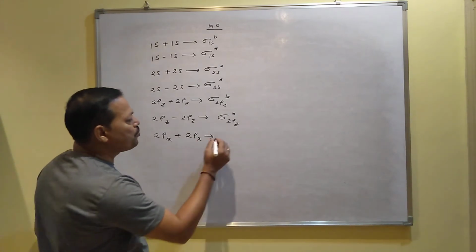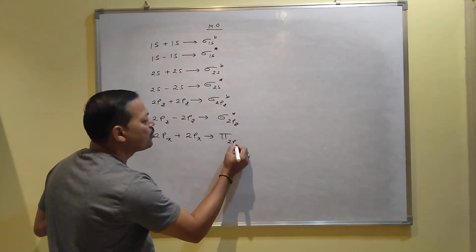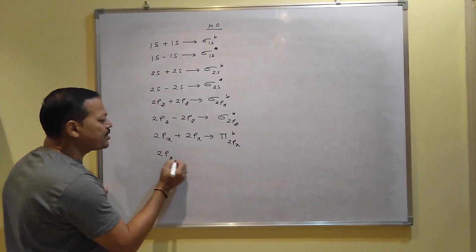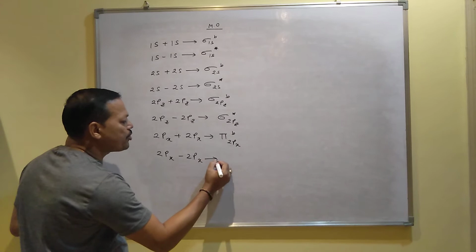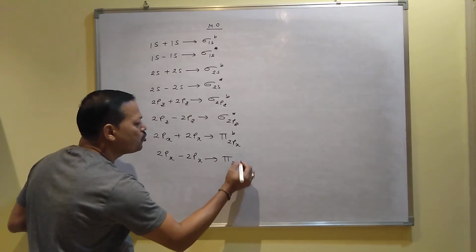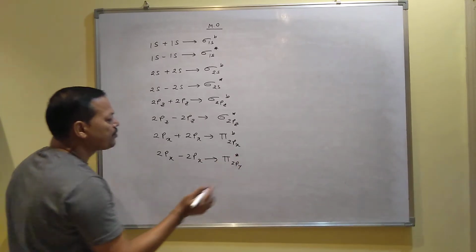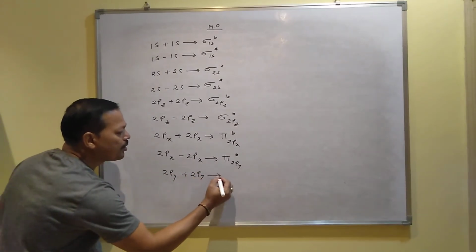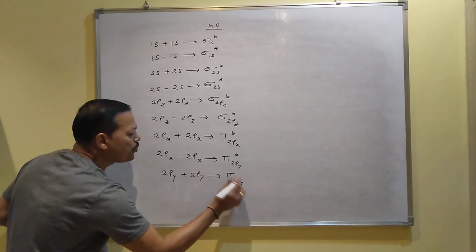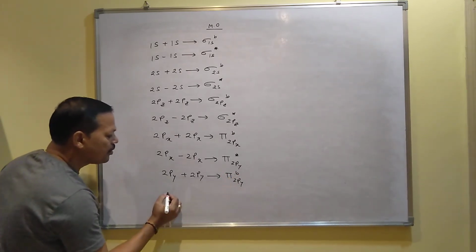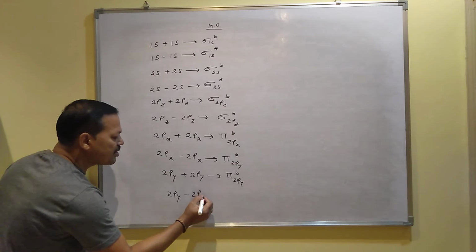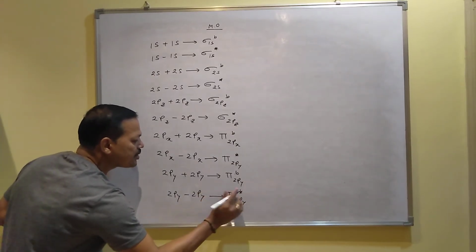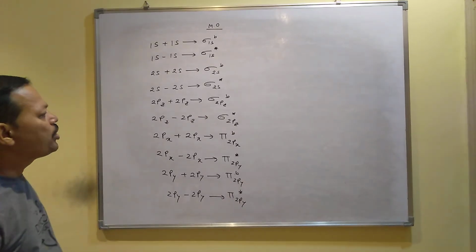So 2px plus 2px gives pi 2px bonding, and when subtraction takes place, it produces the corresponding anti-bonding pi 2px star. Similarly, 2py combined with another 2py produces pi 2py bonding, and with subtraction produces pi 2py star, the anti-bonding molecular orbital.